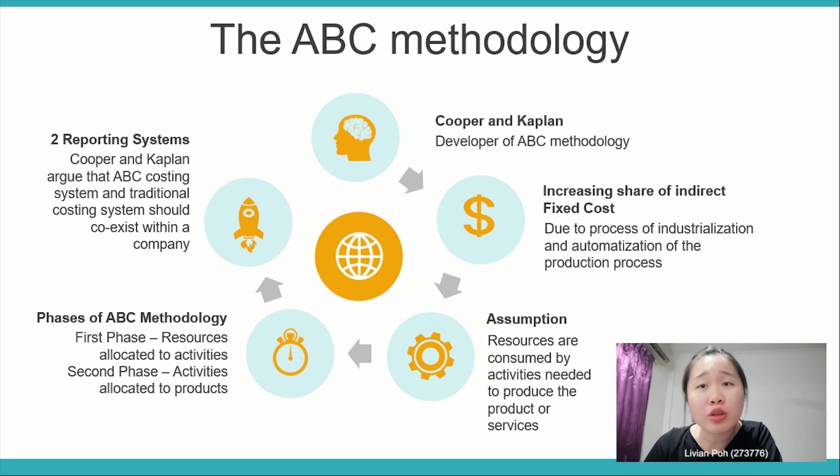Cooper and Kaplan argue that two reporting systems should coexist within a company. The traditional costing system periodically provides information about the cost of the activities of the company in each period, and the activity-based costing system provides information about the quantity and estimates the cost of the activities effectively used in a given period.